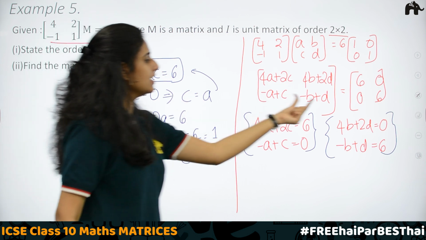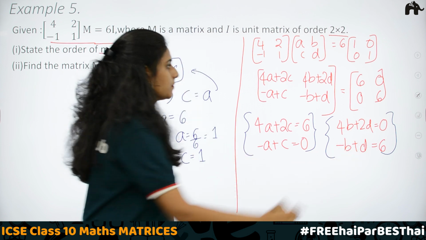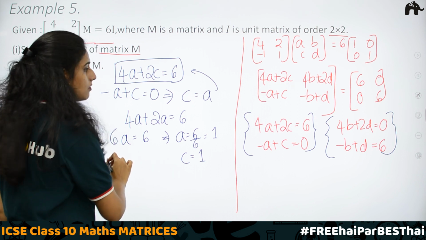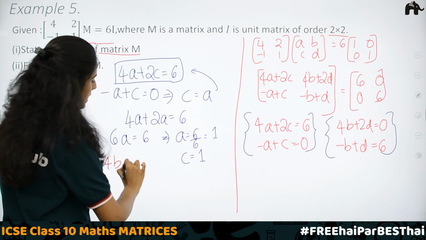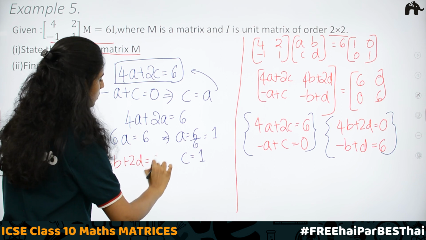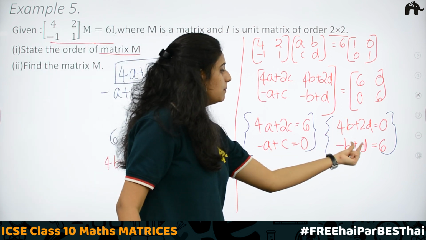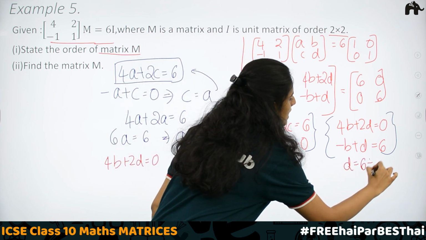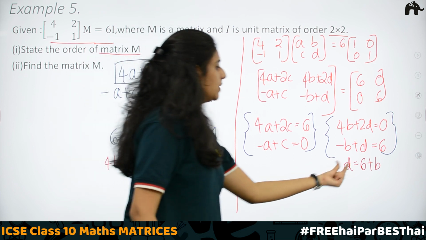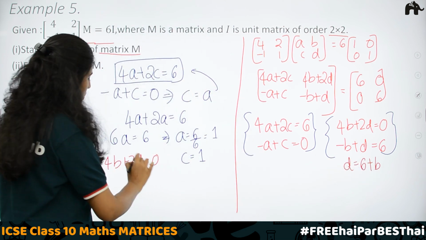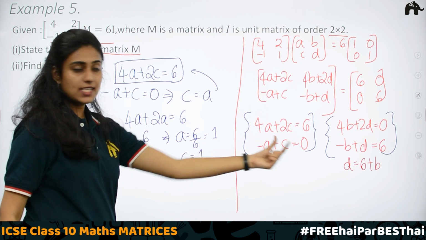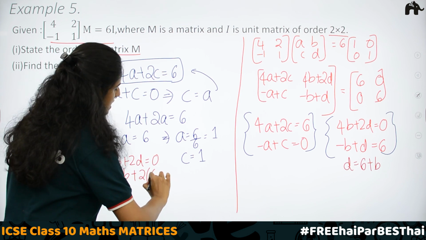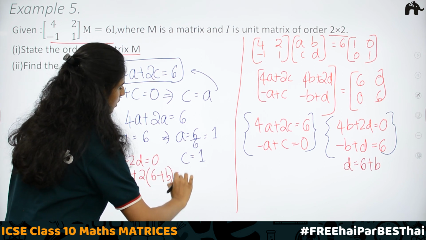Now we will be finding what b and d are. We have 4b plus 2d is equal to 0. From minus b plus d is equal to 6, we can write d is equal to 6 plus b. In the first equation, we substitute d is equal to 6 plus b. What do we get? 4b plus 2 into 6 plus b is equal to 0.